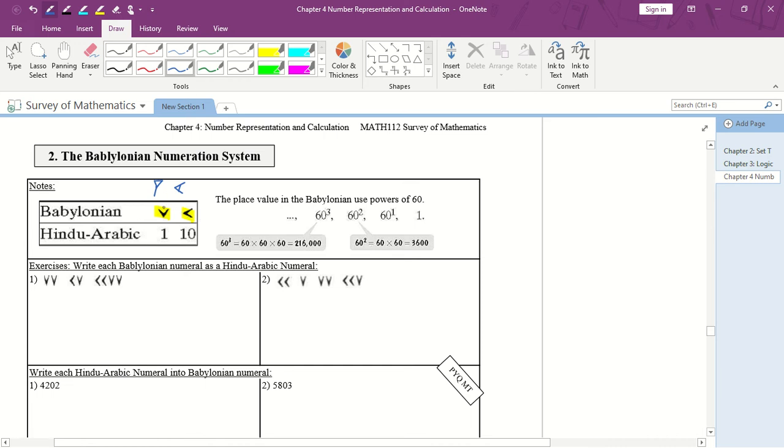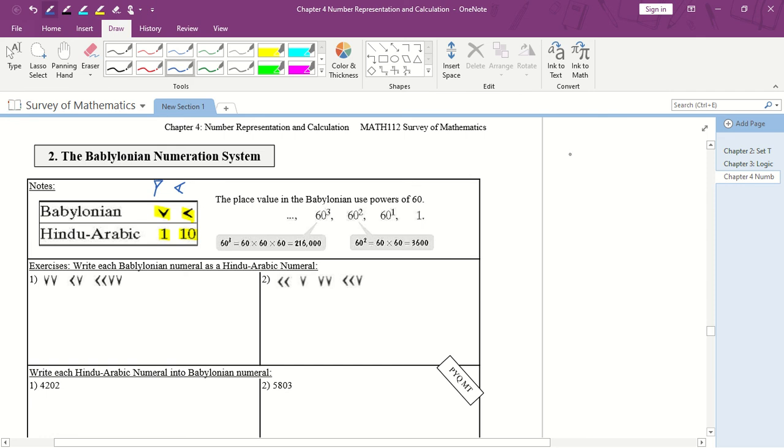You need to remember that when we are going down, it represents 1. When we are going to the left, it represents 10. Again, going down represents 1, going to the left represents 10.